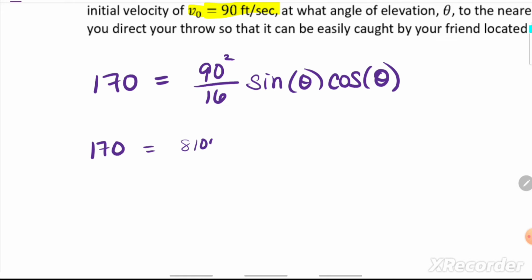It becomes 8,100. And then I think I'm going to get rid of that fraction there on the right side. Let's divide both sides by 8,100 over 16, which is the same as multiplying by its reciprocal.